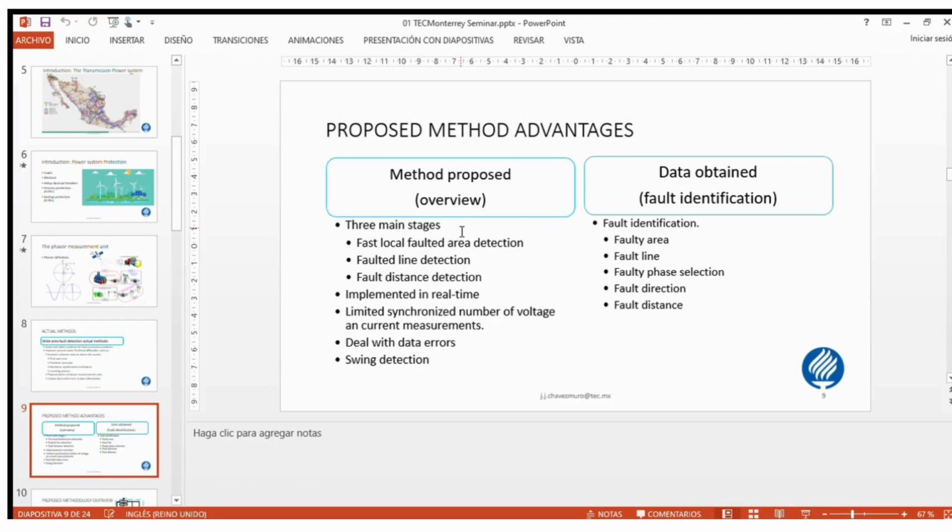It's a lot of data. You already saw the map of Mexico City. But this methodology we have implemented in real time and it works. That is a plus. Because if it was implemented in real time, that doesn't mean that it can be implemented in a real element and can reach the necessary times.